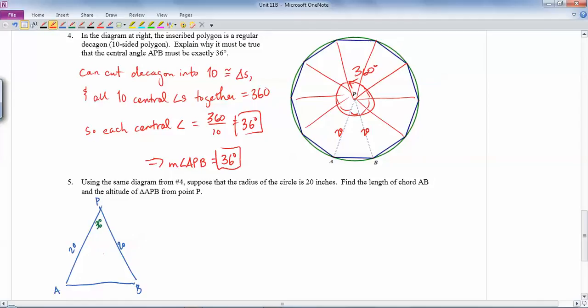So in order to solve for the length of AB, I'm going to have to slice this triangle down the middle. And I'll call these guys X. And then the 36 gets cut in half because it's an isosceles triangle cut by an altitude. So X is the opposite side, 20 is the hypotenuse, so I'm going to need sine. So sine of 18 equals X over 20. And then I'll multiply the 20 over.